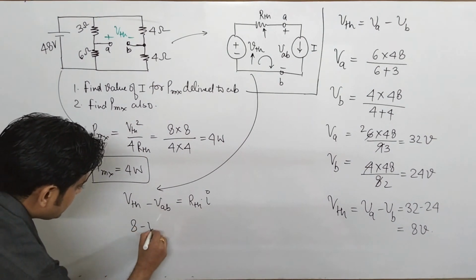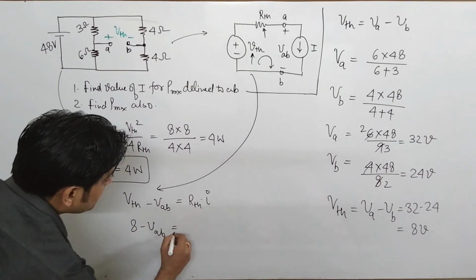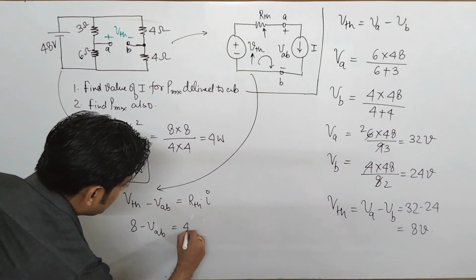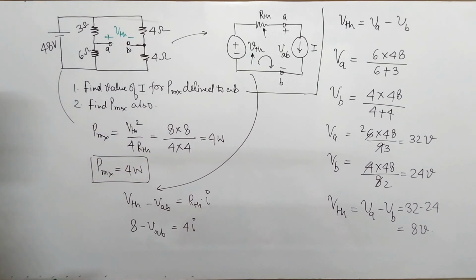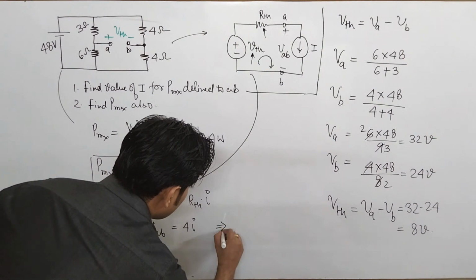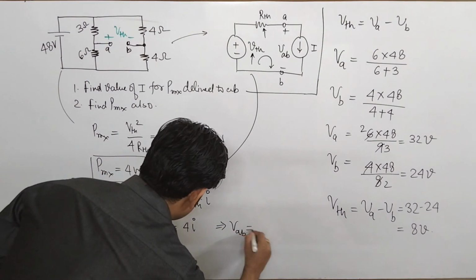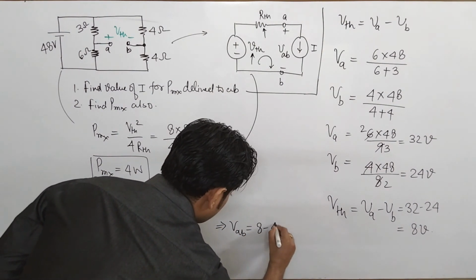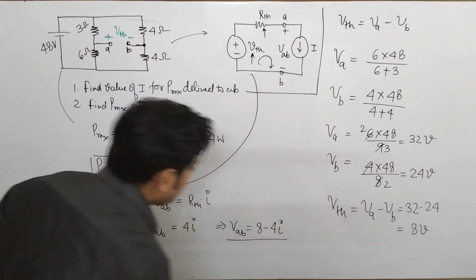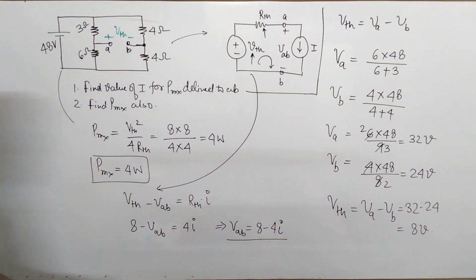It is 8 minus VAB is equal to RTH, which is 4 into I. Or you can say the value of VAB is how much? It is 8 minus 4I. This is the value of VAB, that is 8 minus 4I.